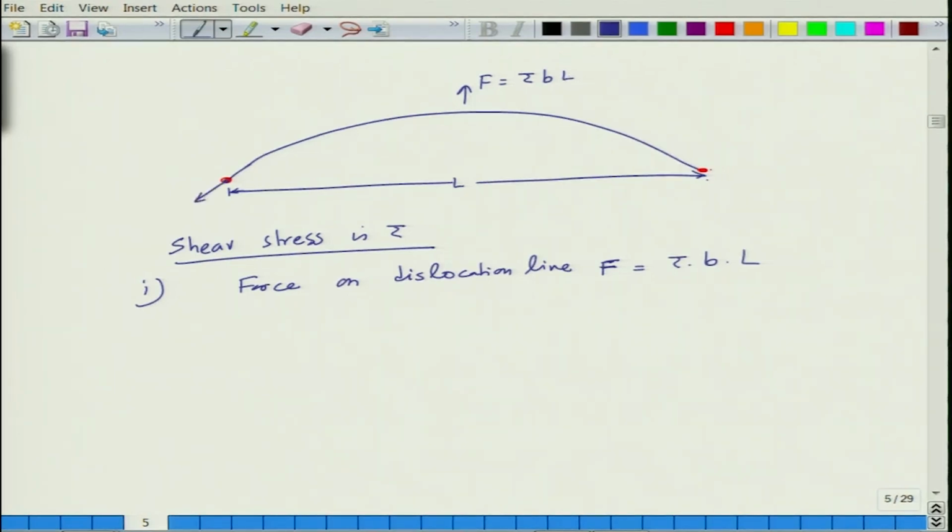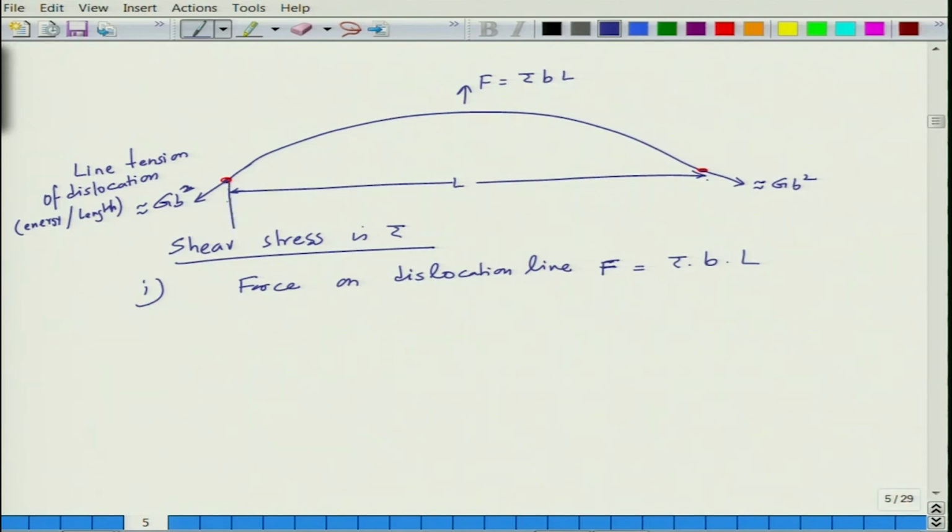So, let us say a dislocation has a line tension, which you can say is energy per unit length. So, this is approximately equal to G b squared, in this direction.